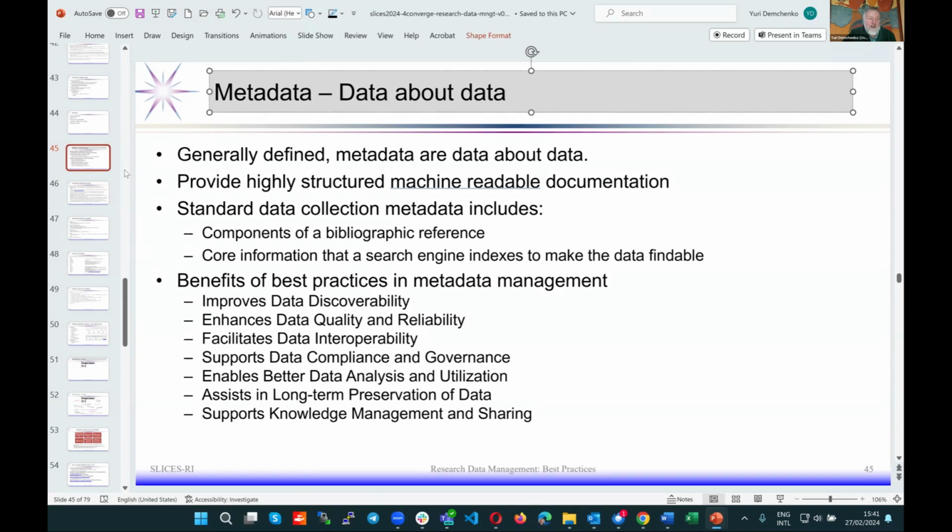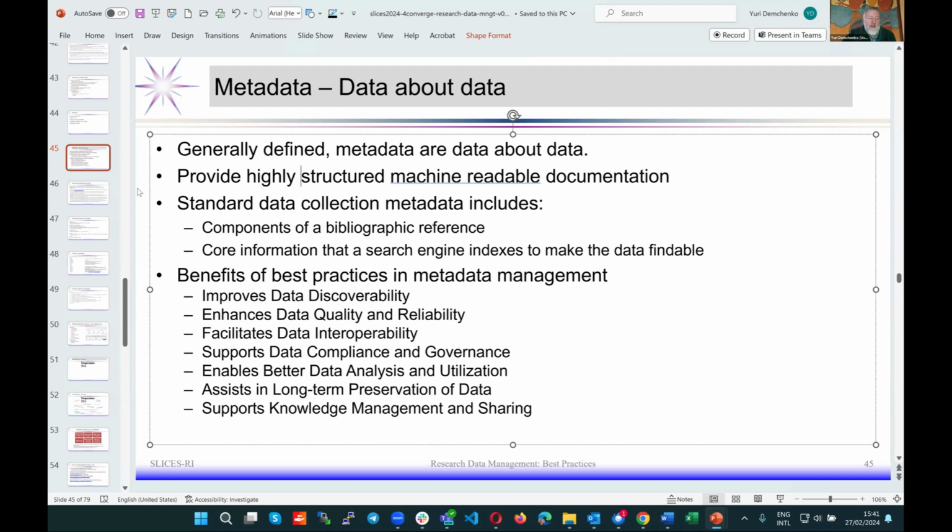So metadata is data about data. What does it mean? Metadata describes what the data are. There are different ways metadata is added to the actual data: either as part of the data collection, as a separate file if the collection has many files in a directory, or sometimes metadata is added into the actual data.